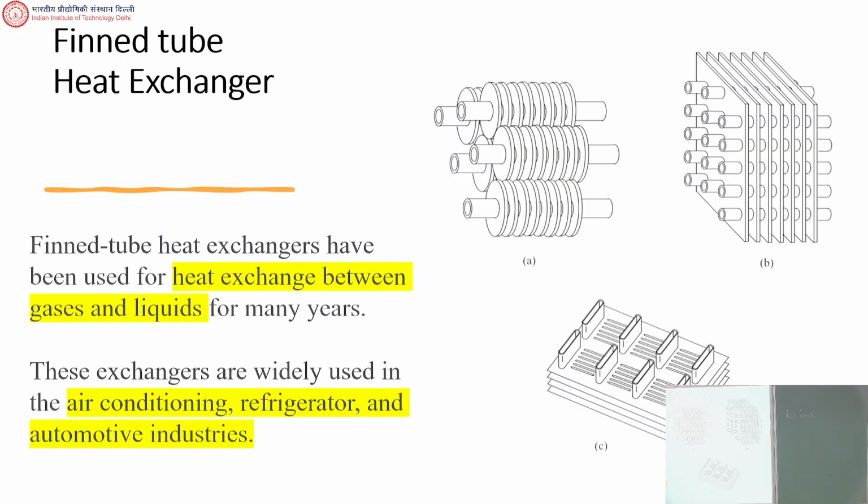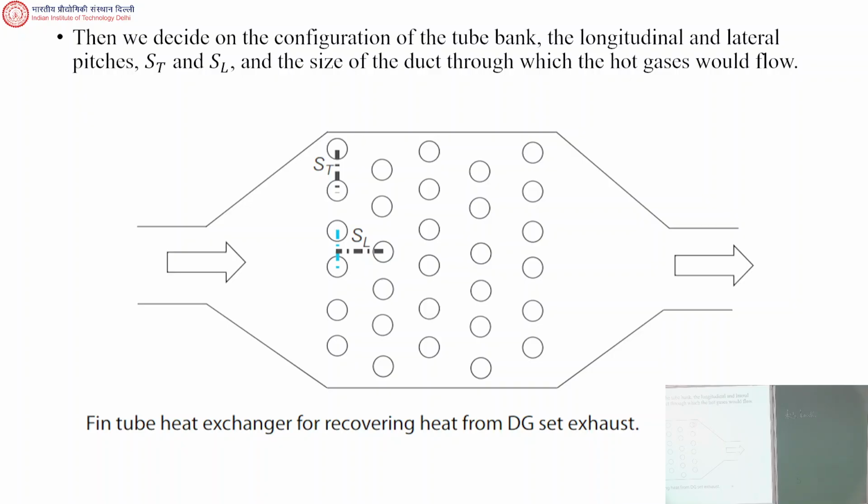Now, apart from the tube diameter, tube inside diameter, tube base diameter, then the fin dimensions, fin pitch, we also have to say something about the spacing of the tubes. Okay, so the spacing is determined by 2 things. There is this ST, which is the transverse pitch between the tubes, and this is the longitudinal pitch, SL. Now this is one arrangement which we call a staggered arrangement. Why staggered?